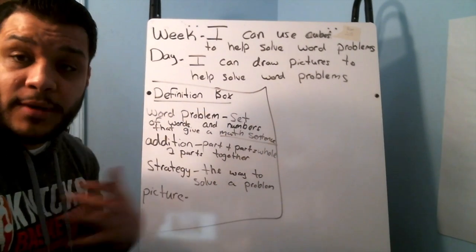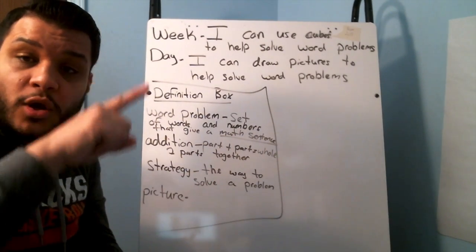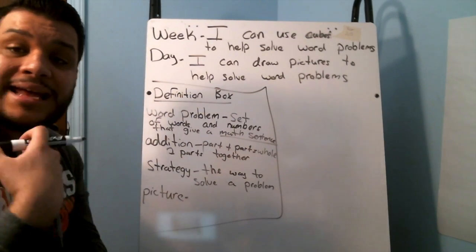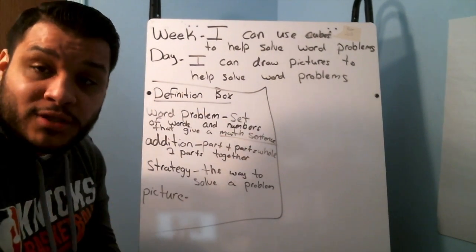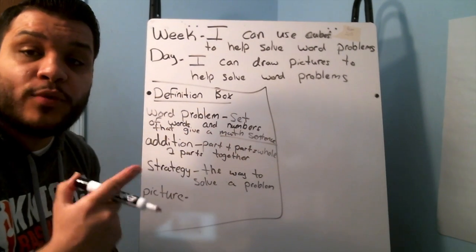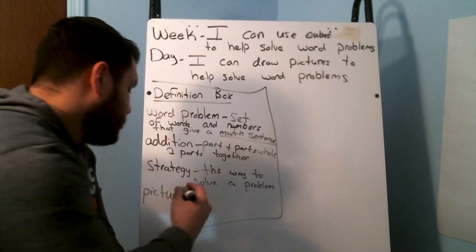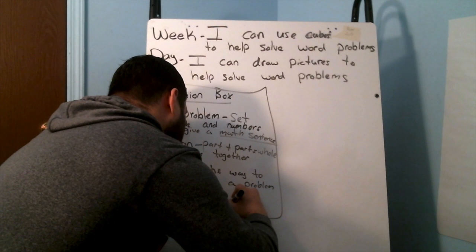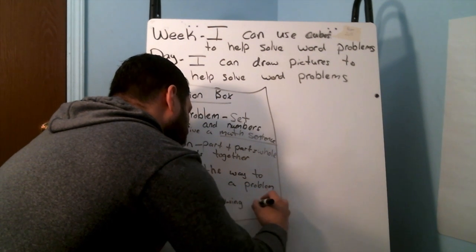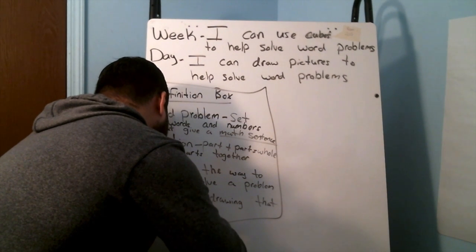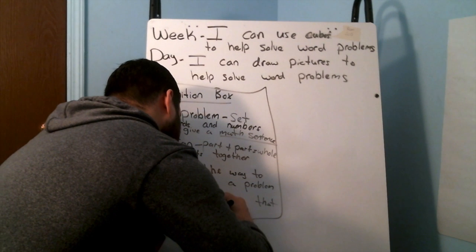No. Our pictures in math are usually what we call counters or circles. So a picture can be a drawing that represents numbers. A drawing that represents numbers.